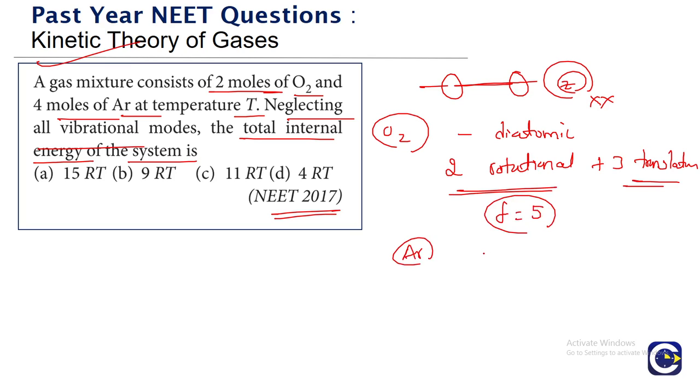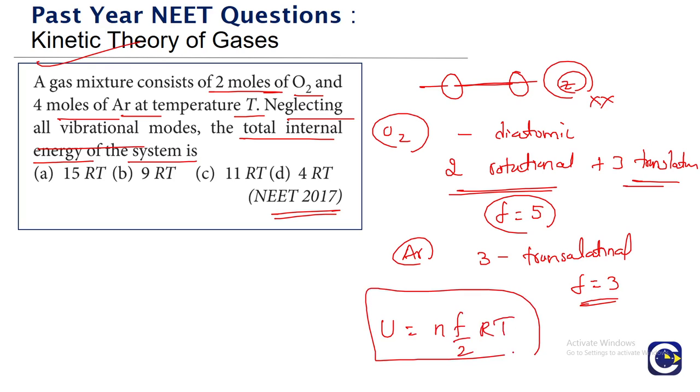Argon, which is a monoatomic, will have only 3 translational. So the degrees of freedom F will be equal to what? 3 for the argon. And for any gas, the total internal energy will be equal to what? N into F by 2 into R into T. So N is the number of moles and F by 2, F is what? The degrees of freedom.